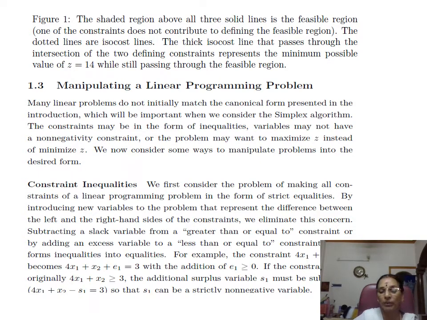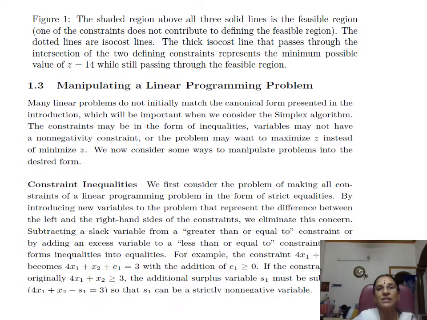Manipulating the linear programming problem. Already we said the equation should be in standard form. Standard form means the given problem is minimization and all constants are greater than or equal to 0. Suppose the minimization problem has less than or equal to instead of greater than or equal to, we add a slack variable and change to equation form.